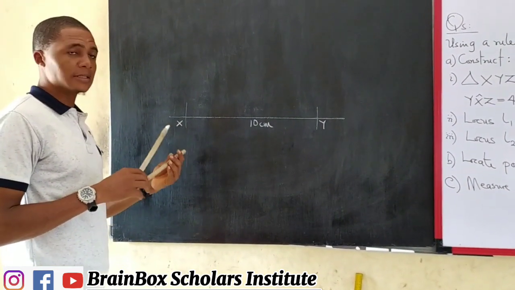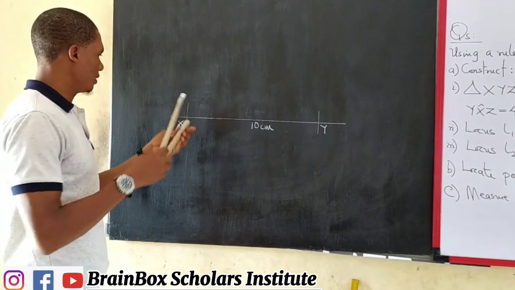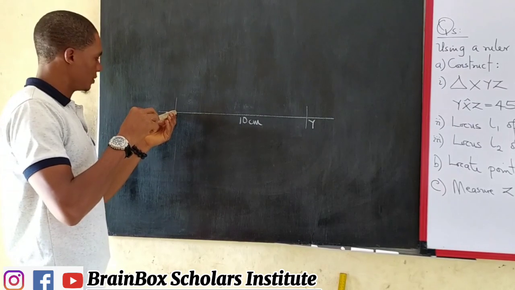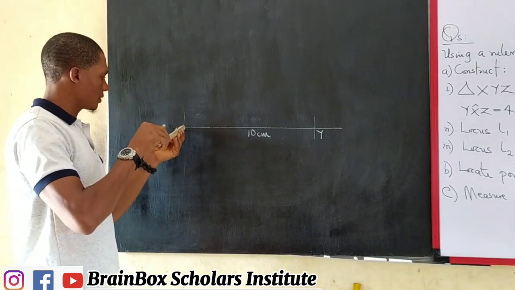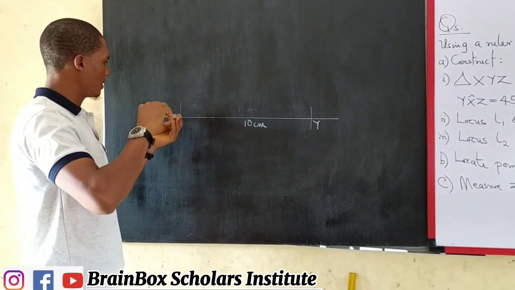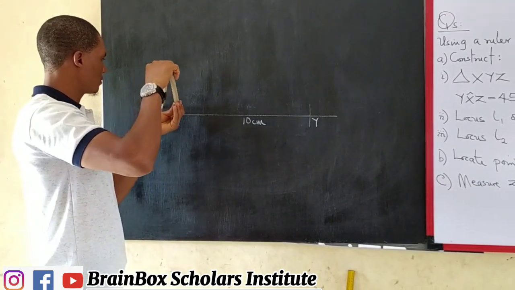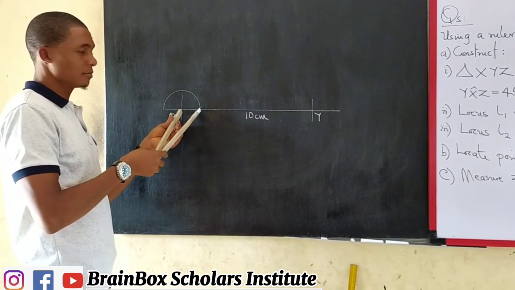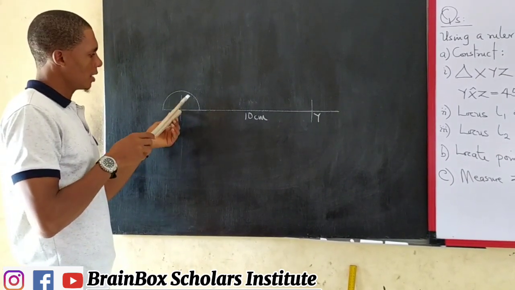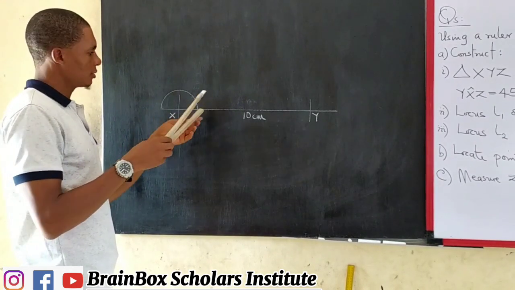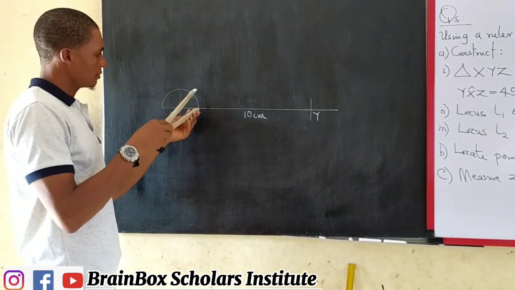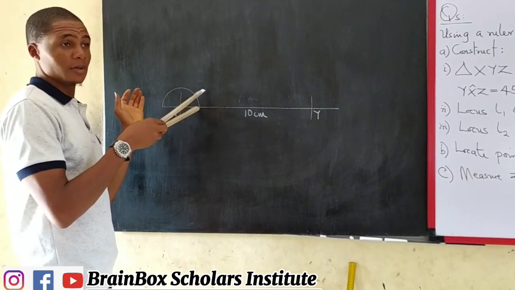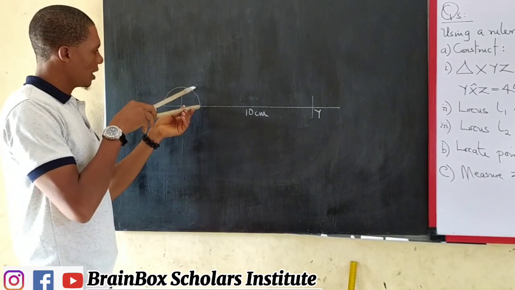So I need to get 90 first, right? So I'll come to X and draw a semicircle. Don't change the radius. Place it here, and I get 60.